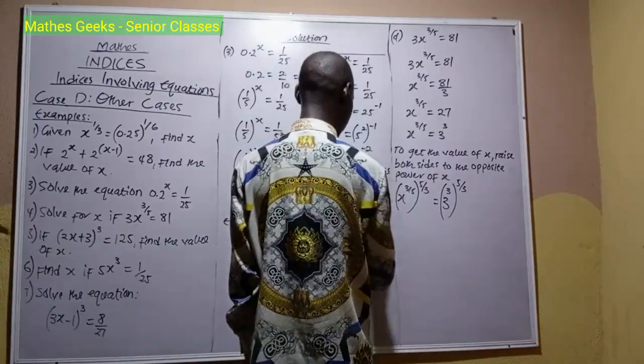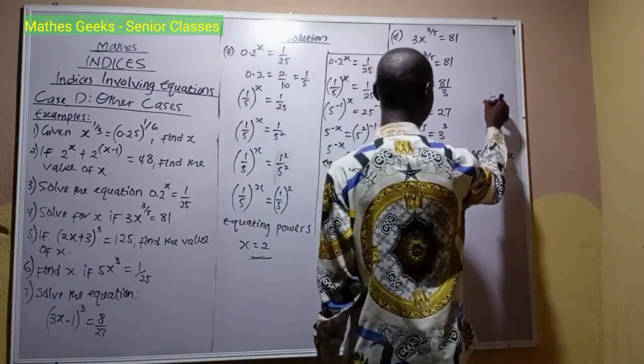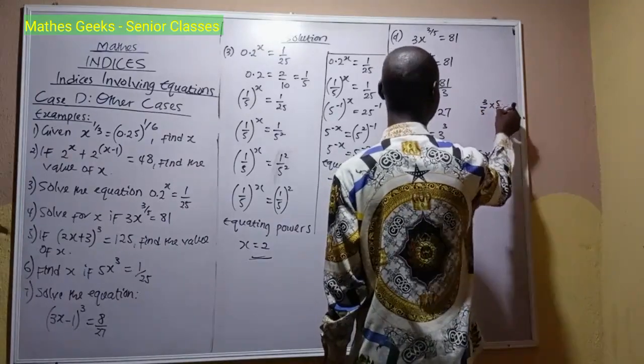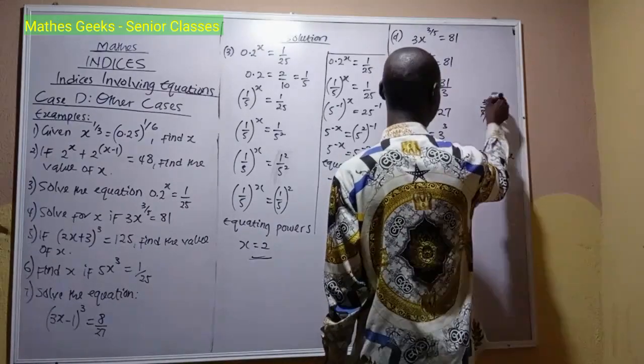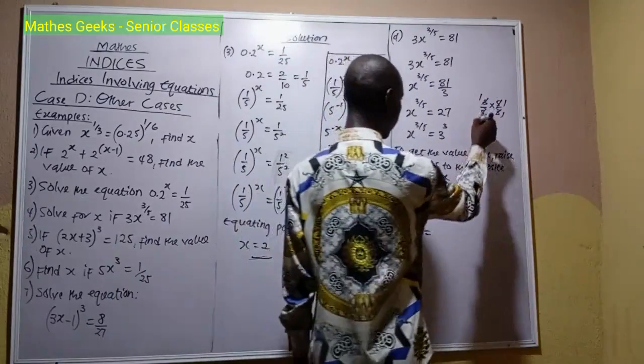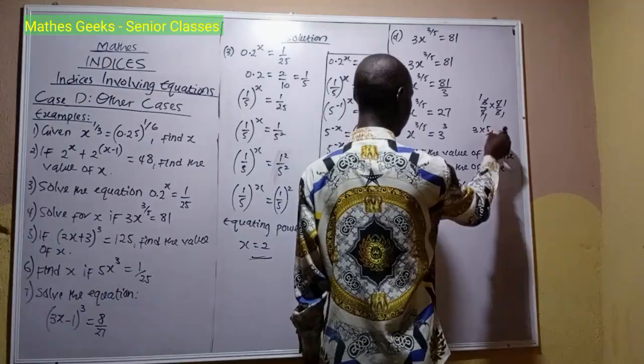So here 3 over 5 times 5 over 3: 5 over 1, 5 over 3 and 3 over 1. So x is equal to, and here 3 times 5 over 3, 3 over 1.